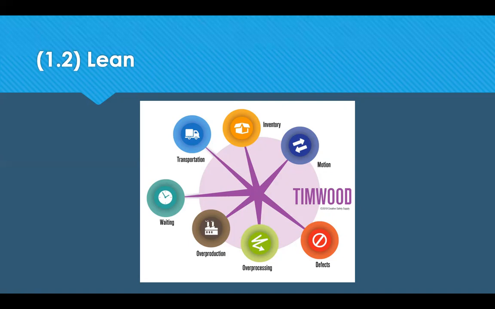Overprocessing is essentially doing something to the product that the customer doesn't value, or writing reports that nobody ever reads. And finally, defects, which looks at items that have been rejected by the customer. They'll either end up in the bin or you'll waste time reworking those items.